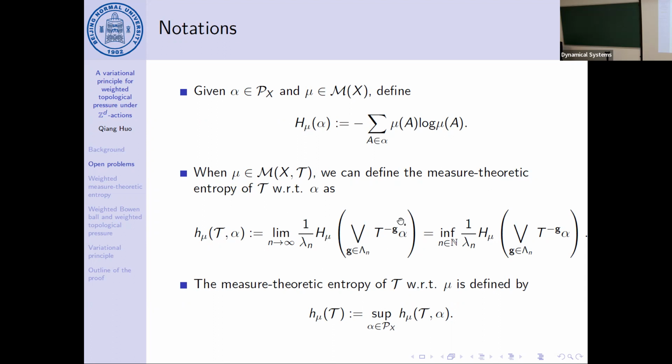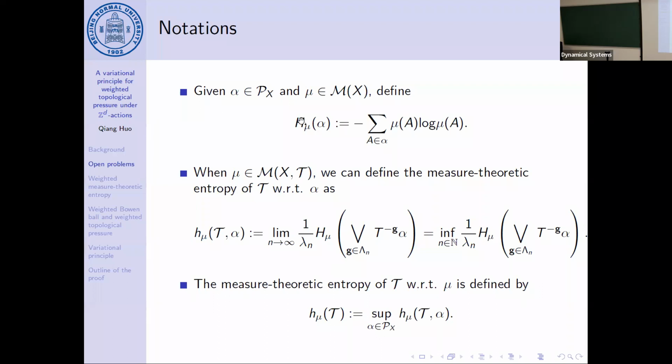And this function is subadditive on n, so this limit exists and equals the infimum. And third, we define the measure-theoretic entropy of T with respect to the invariant measure by taking the supremum over all finite partitions.